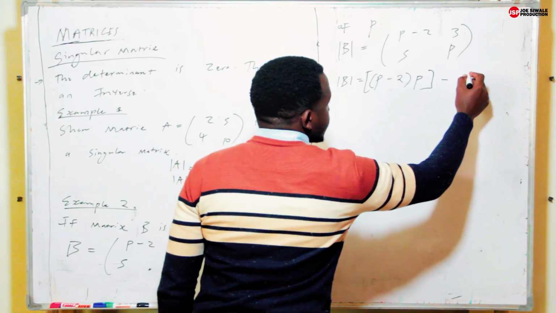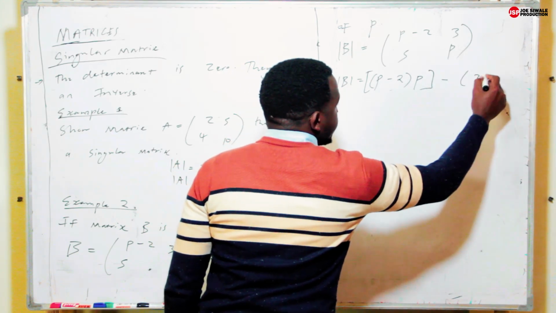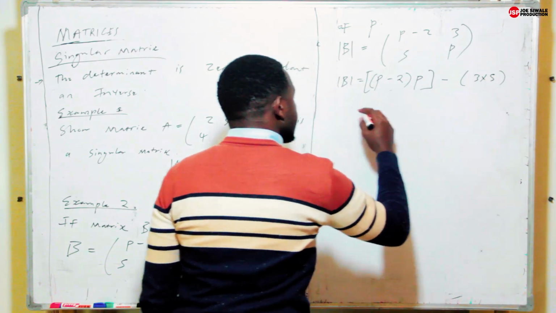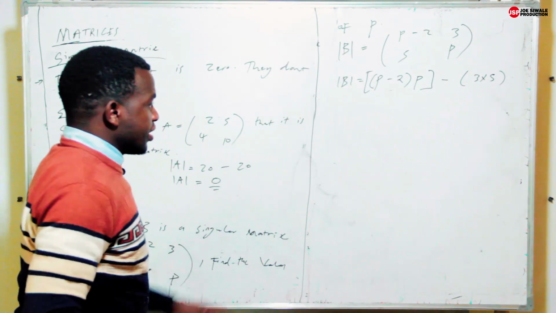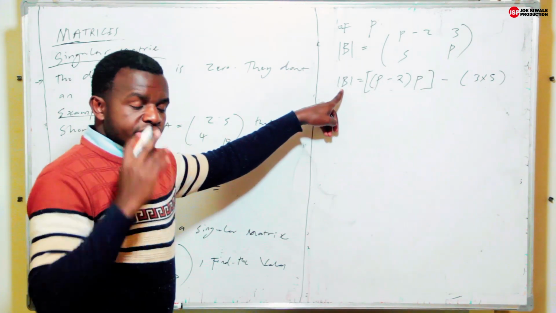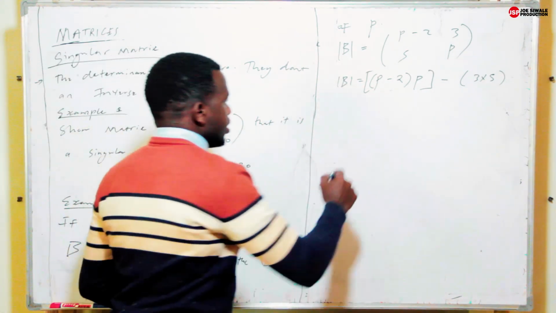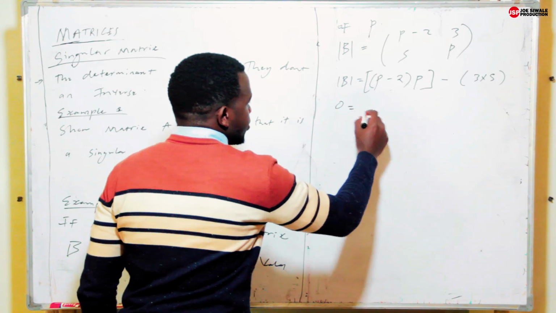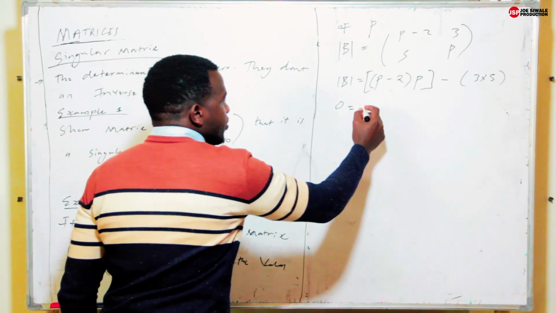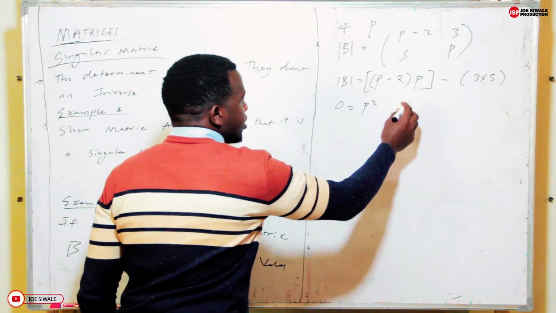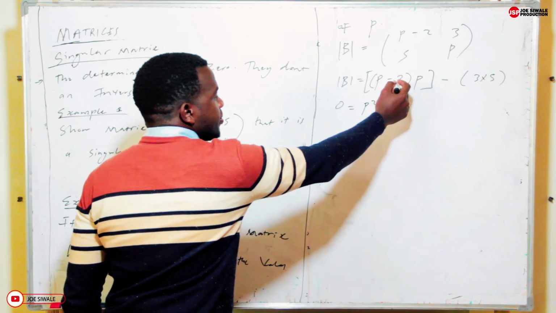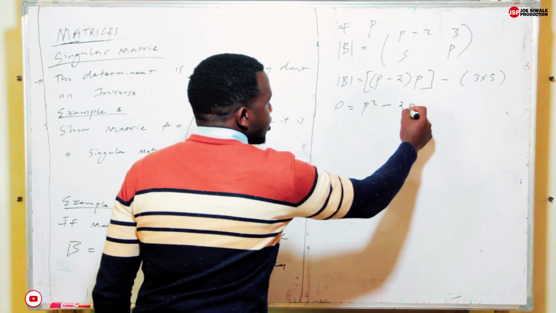Then minus, we're going to say 3 multiplied by 5. So the determinant there, we know that this is equal to 0, since we have been told that this matrix is a singular matrix. So we're going to say 0 is equal to P multiplied by P, we're going to have P squared. Then P multiplied by 2, we're going to have 2P.